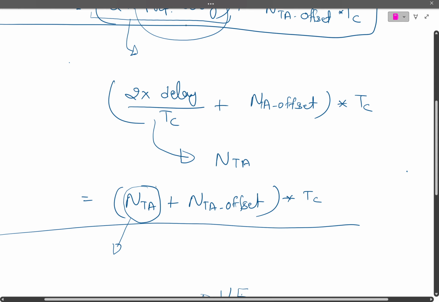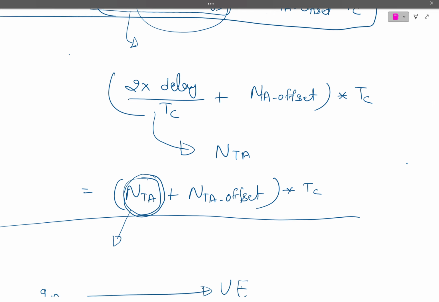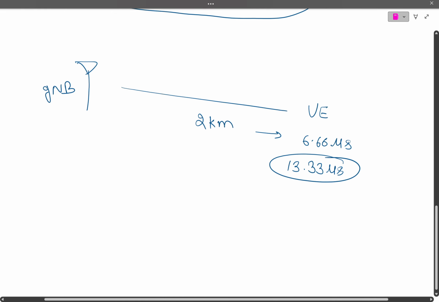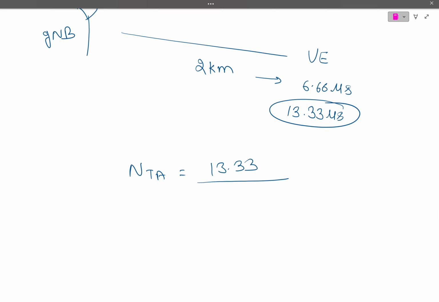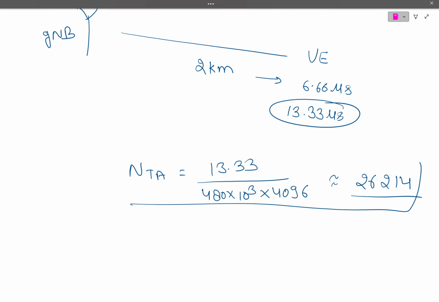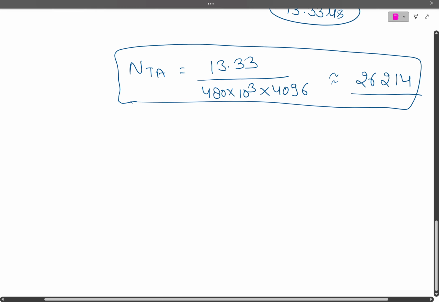Okay, so first we'll calculate this number N_TA, basically delay in terms of Tc. So N_TA will be 13.33 divided by Tc, which is 480 kilohertz into 4096, which is roughly 26214. This is our N_TA.